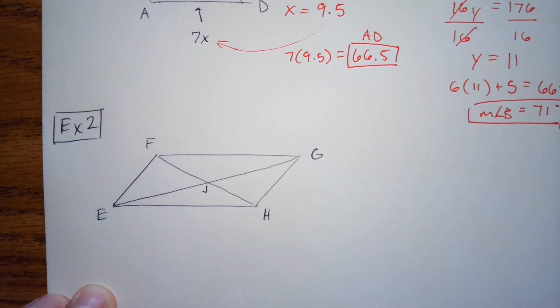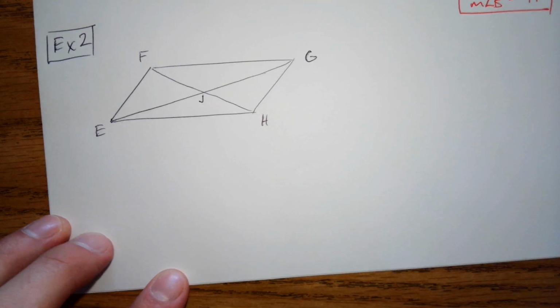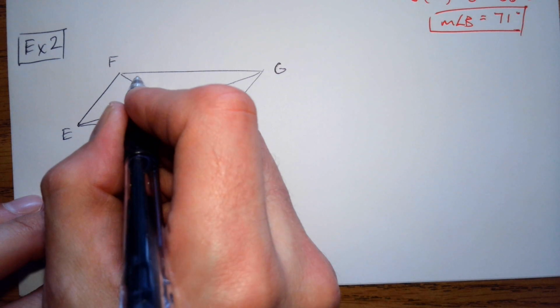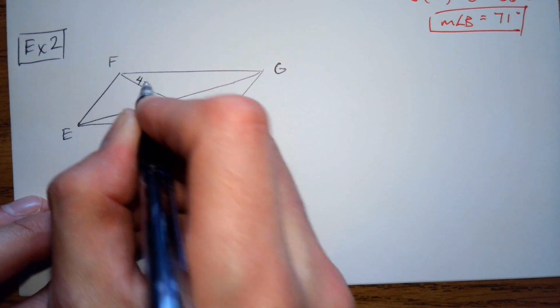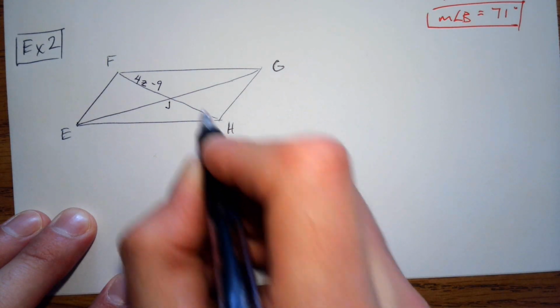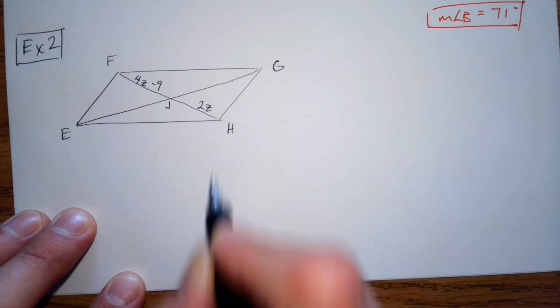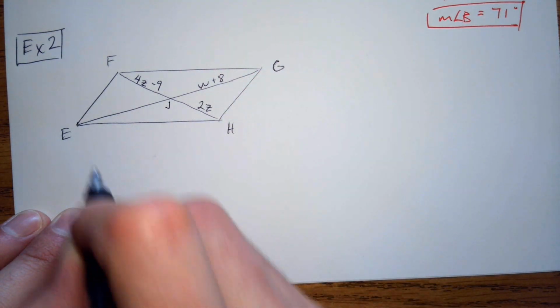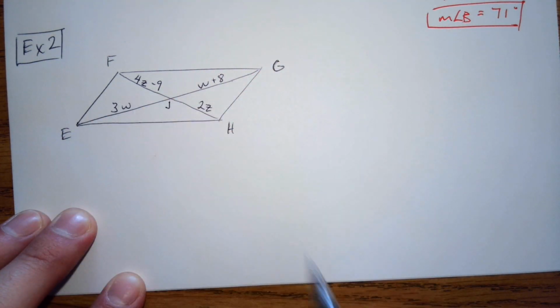The point where their diagonals intersect is going to be J. And I have 4z minus 9, 2z, W plus 8, and 3W.